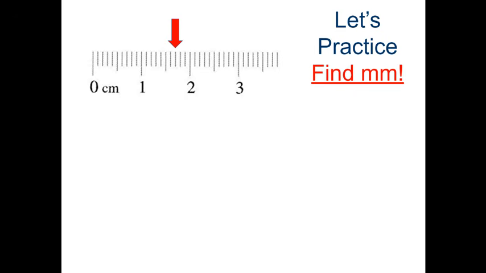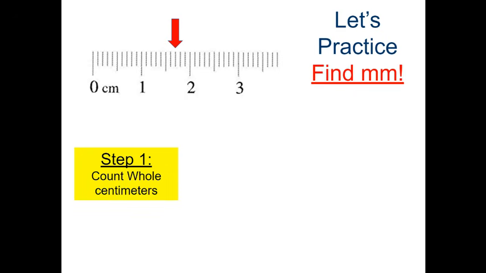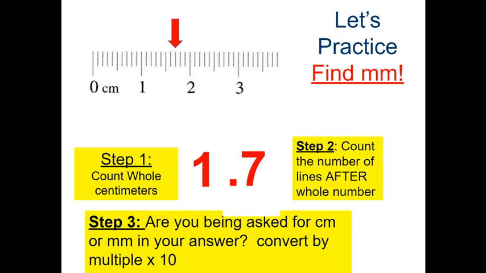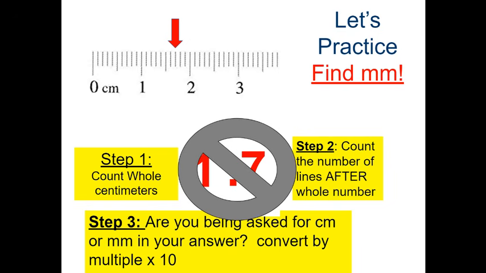Now, in this example, we're being asked for millimeters. So again, step number 1 is 1. Step number 2 is the 7. Step number 3 is we're being asked for millimeters, so we have to convert. Okay, so we're going to be multiplying 1.7 times 10, and we're going to come out to not centimeters, right?